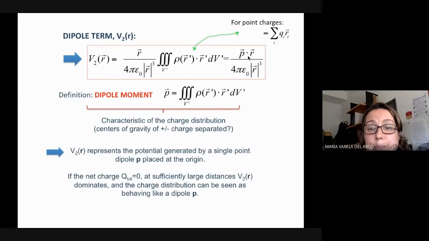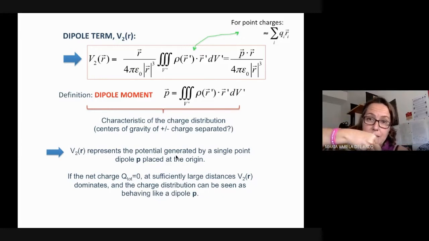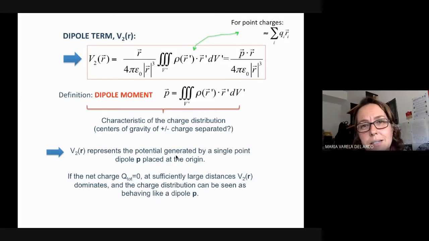In principle, this term decays, goes to zero faster than the monopole contribution, because it goes like 1 over R squared, R over R cubed here, okay? And in situations where I have charge densities that have a net charge equal to 0, but, for example, they have their centers of gravity of positive and negative charge separated from each other, then at sufficiently large distances, I can approximate the electrostatic potential and also the electric field just like that of a dipole placed at the origin.